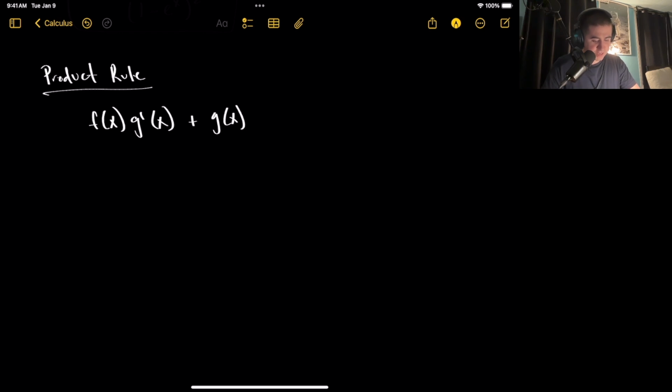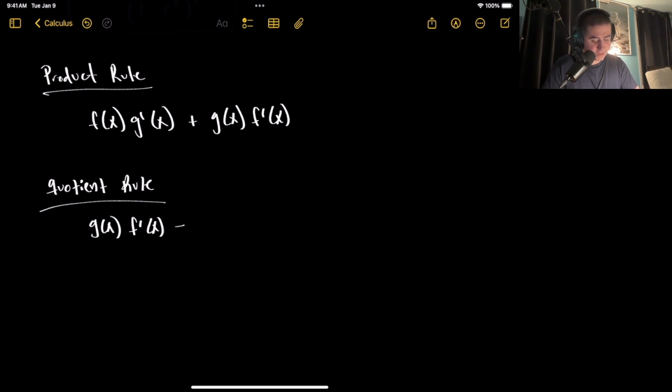So in summary, we have learned today the product rule for differentiation, and that is f of x times g prime of x plus g of x times f prime of x. That was the product rule. And the quotient rule for differentiation is g of x times f prime of x minus f of x times g prime of x over g of x squared.